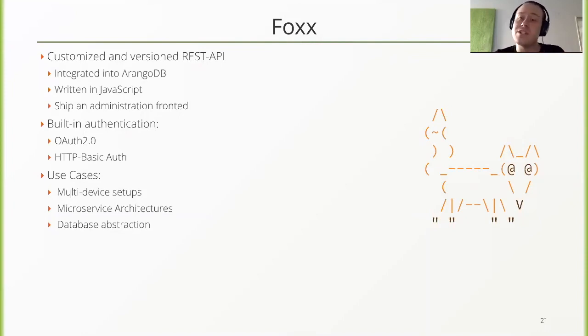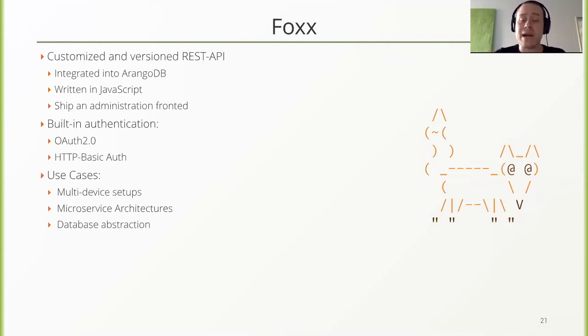With Foxx, you can just do this one parsing, expose an HTTP endpoint, and every programming language for these devices can typically connect to an HTTP endpoint and just receive some JSON. And therefore, it's pretty easy to just write this Foxx service, write the JSON receiver on the devices, and you're already done.